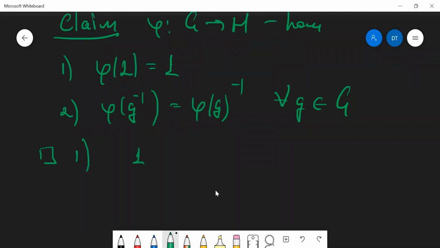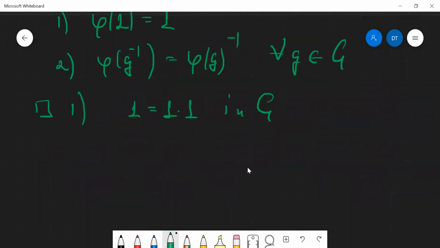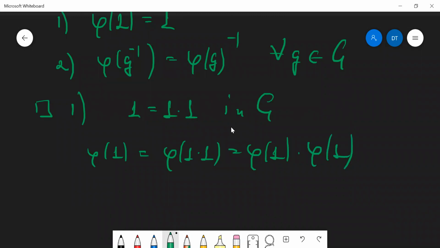Well, we know that this holds in G because the identity element must satisfy this property. Now, let's apply phi to this equality. Then we get phi of 1 equals phi of 1 times 1, which is phi of 1 times phi of 1.